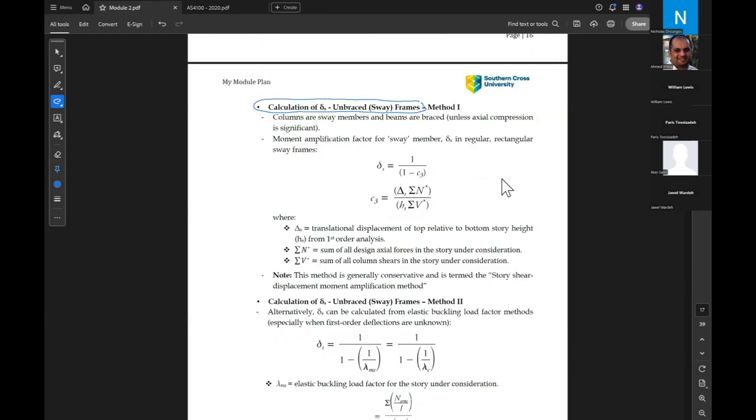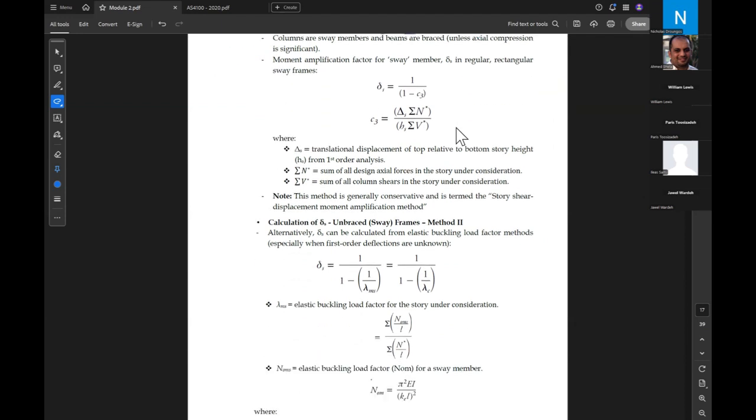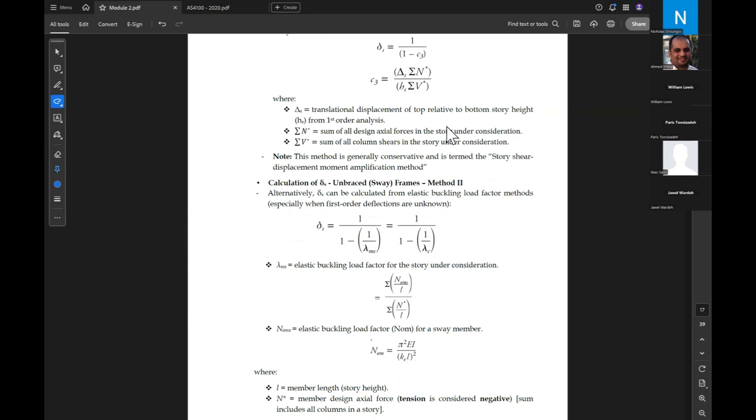Okay, for unbraced frame or sway frame, we have two methods. We will focus on method 2. For delta S, unbraced or sway frame, method 2, we can calculate from the elastic analysis load factor method, especially when first order deflections are unknown. So this method is preferable when the first order deflections are unknown.